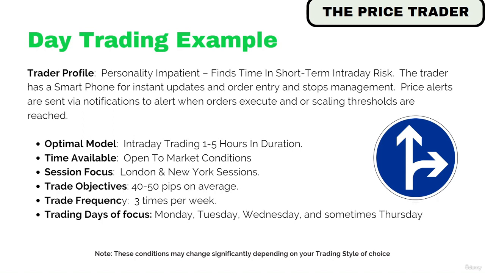And the trading days of focus are Monday, Tuesday, Wednesday, and sometimes Thursday. Actually, these conditions may change significantly depending on your trading style of choice. I've outlined that in this example I'm going to be using the day trading style, but you can adopt any form of style depending on your personality or lifestyle.